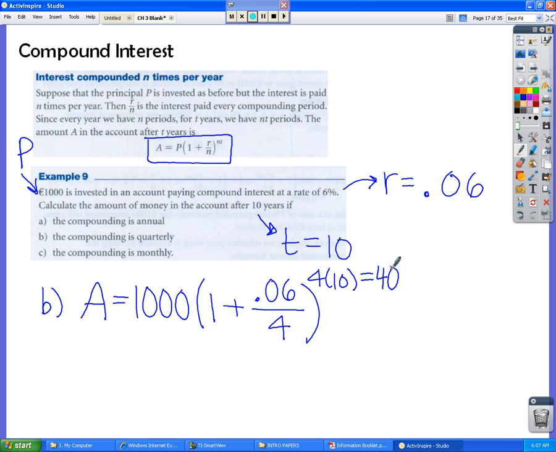Most people will forget to put the exponent in its own set of parentheses. You essentially, in the calculator, must do this or it will calculate the value incorrectly. Compounding, the more you compound, the more money is made. So if you are trying to get the most money from an interest-bearing account, you want the account to compound the most. So in the A, B, and C, you will make the most money by compounding monthly.